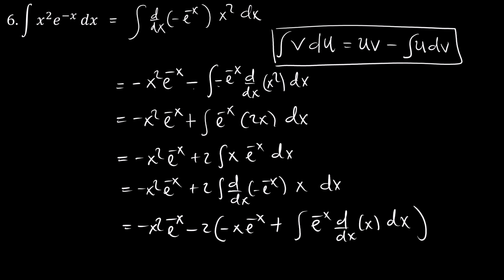And so this is negative x squared e to the negative x minus, sorry, there was a plus here, so this is a minus 2x e to the negative x plus 2 e to the negative x.